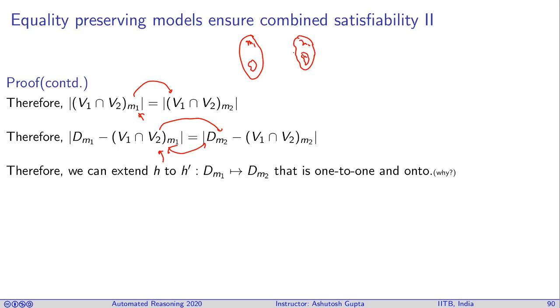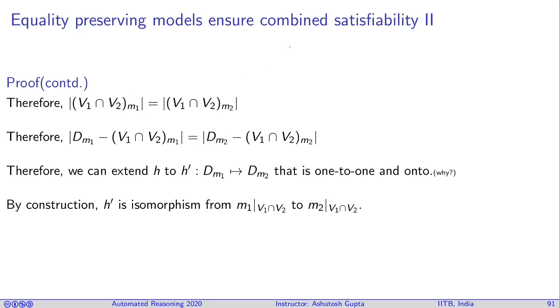Now we can extend it for all the values, and since sizes are the same, you can always construct such an h prime. By construction, h prime is a homomorphism from M1 to M2 on V1 intersection V2. Therefore, by the previous theorem, F1 and F2 is satisfiable.